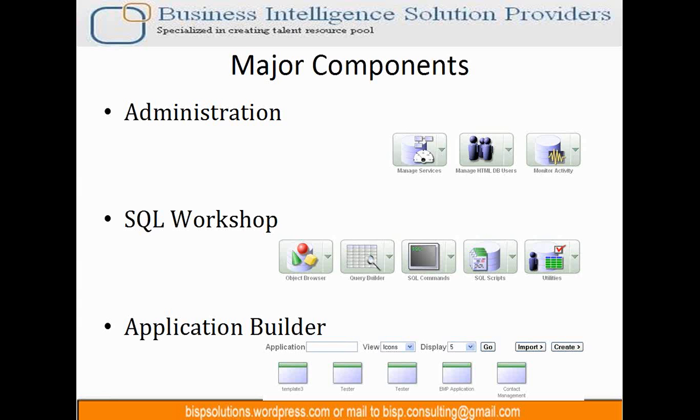All those administration, database and application administration are taken care of in this section. Under administration, you have 4-5 icons. I showed you 3 icons here. Within these few icons, all the actions are done. So there is no need to master all the icons and their functions.